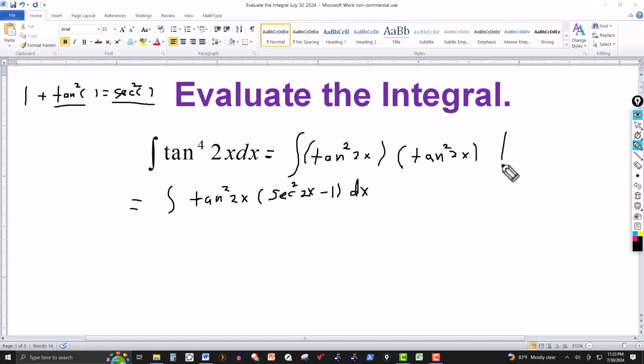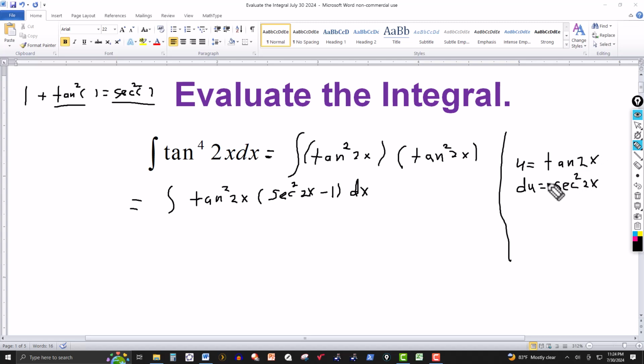I'm going to do a U-substitution here. I'm going to let u equal tangent of 2x. Then du is going to equal the derivative of tangent, which is secant squared of 2x, and then using the chain rule, I'm going to multiply this expression by the derivative of 2x.